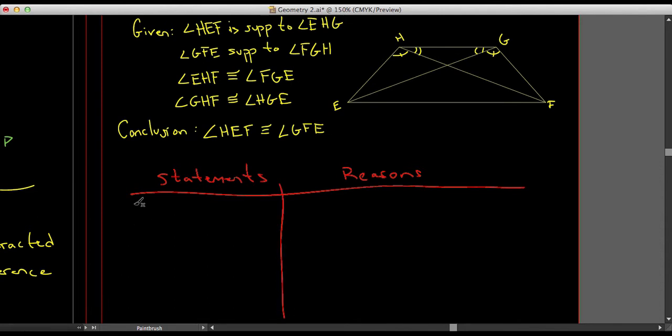Okay, so we have a lot of given information. That's the first thing that we want to put down on the page. We have that angle HEF is supplementary to angle EHG. We have that angle GFE is supplementary, and I'm just going to put that little mark there to say it's the same as above, to angle FGH.